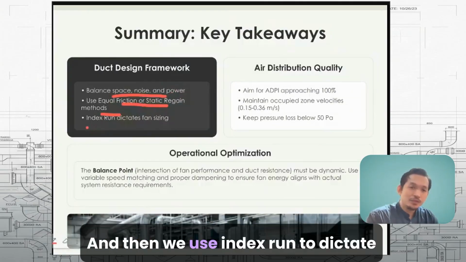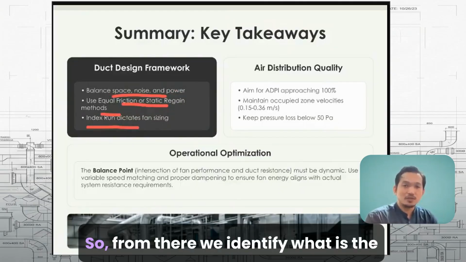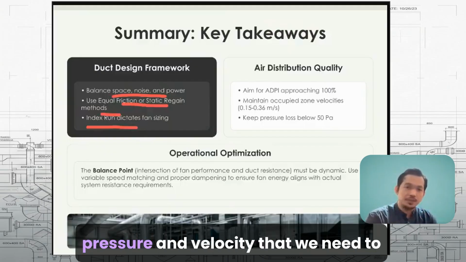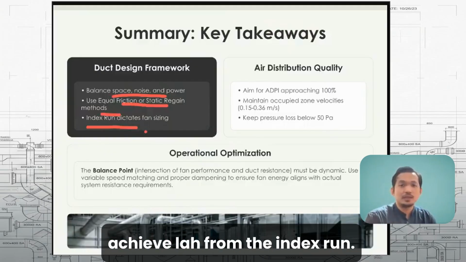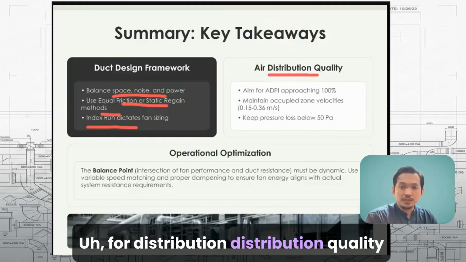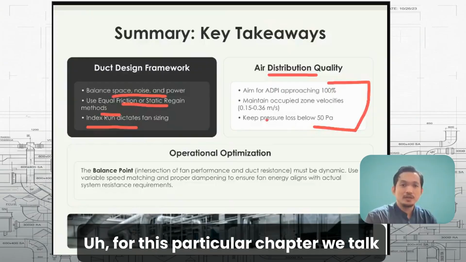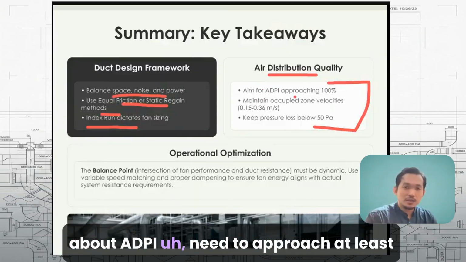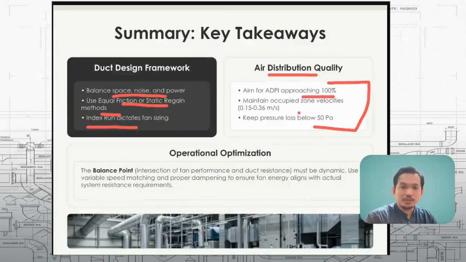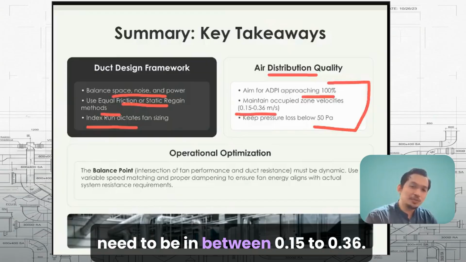And then we use the index run to dictate the fan sizing, right? From there we identify the pressure and velocity that we need to achieve from the index run. For distribution quality, this one we covered yesterday. For this particular chapter, we talk about ADPI, which needs to approach at least 100%. Occupied zone velocities for comfort need to be between 0.15 to 0.36.